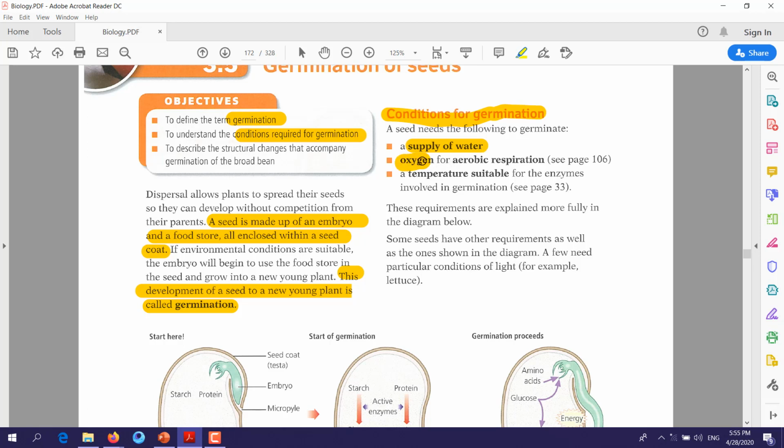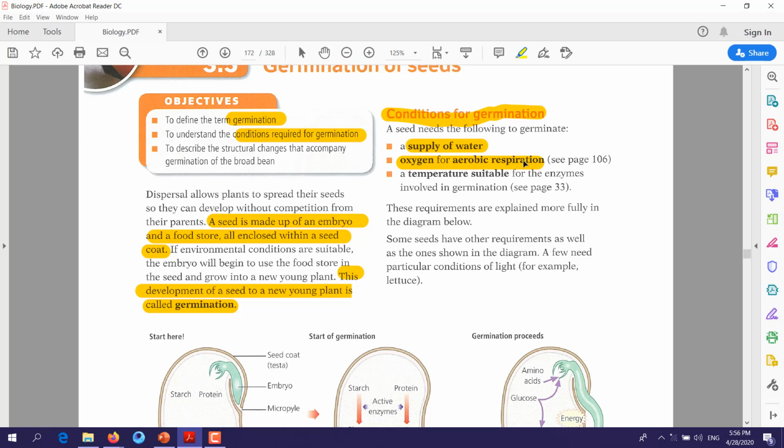Then oxygen for aerobic respiration. When the seed starts to germinate, inside the seed there is an embryo. This embryo is a living thing. To grow, this living thing needs energy. It needs food.